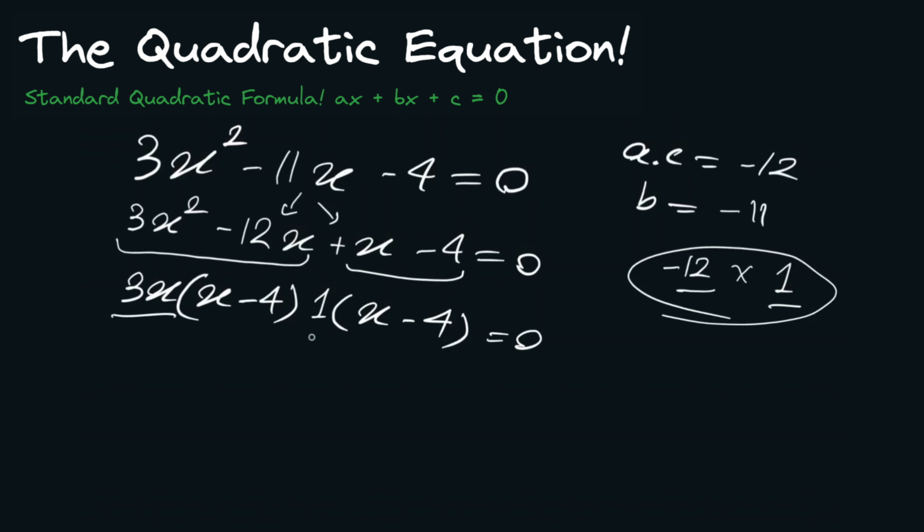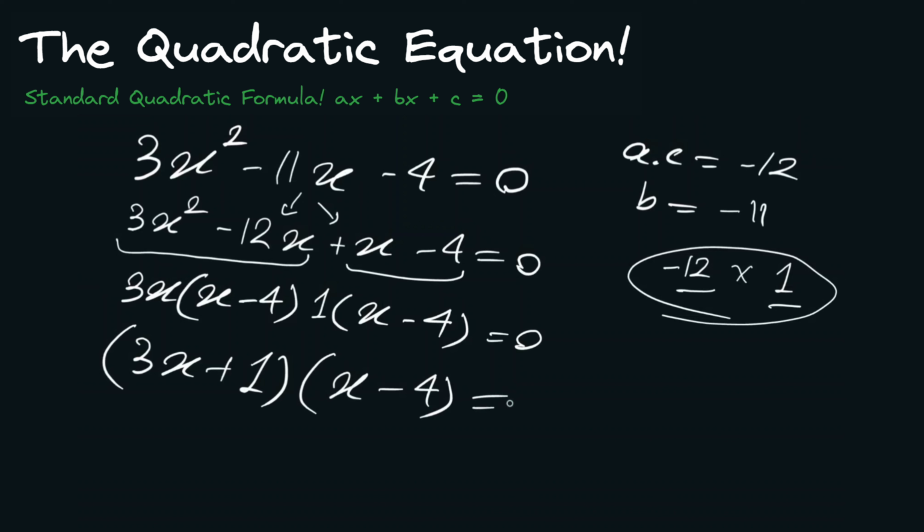Now we're going to put these two in one group, and then we're just going to add this as another factor. What do I mean by that? We're going to put in one bracket 3x plus 1, and then we're just going to write x minus 4 equals 0. Now it's very simple, like last time.